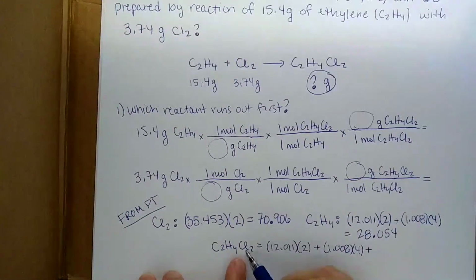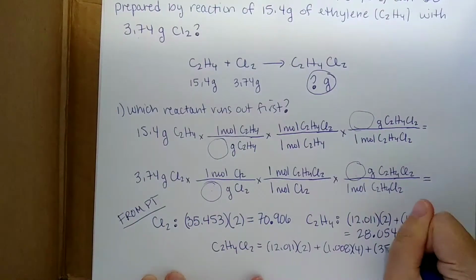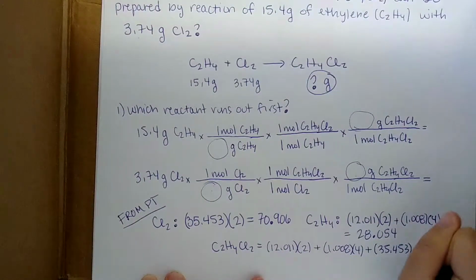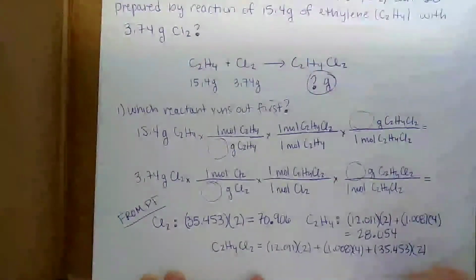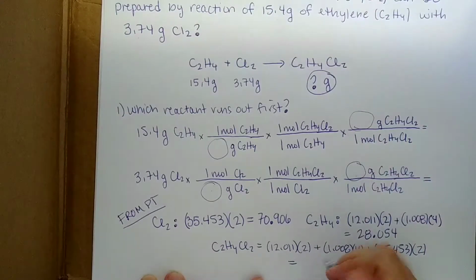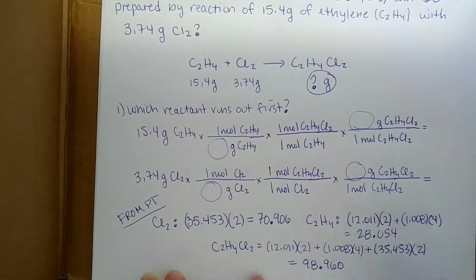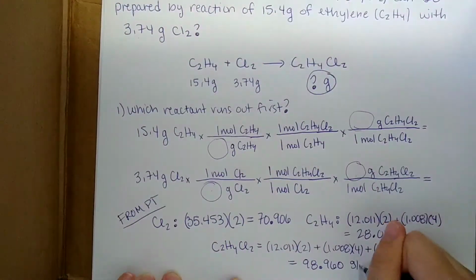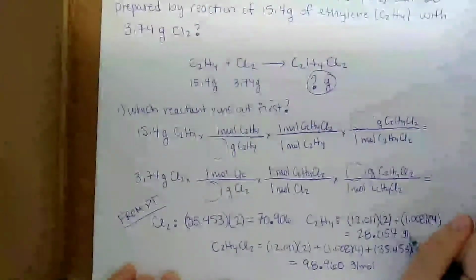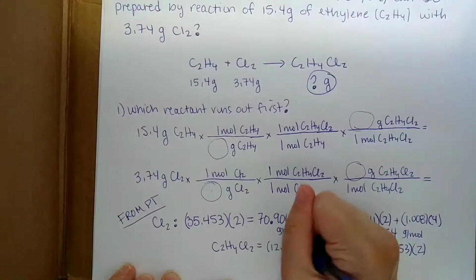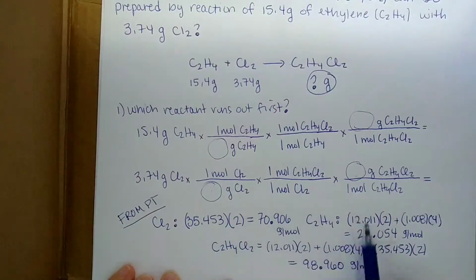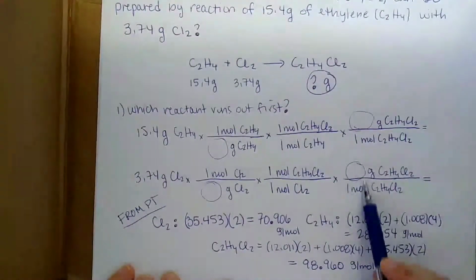And then there are two of these guys, 35.453 is the mass of chlorine times 2. And all of that works out to be 98.960. So these are all grams per mole, of course. These are the molar masses. Grams per mole.